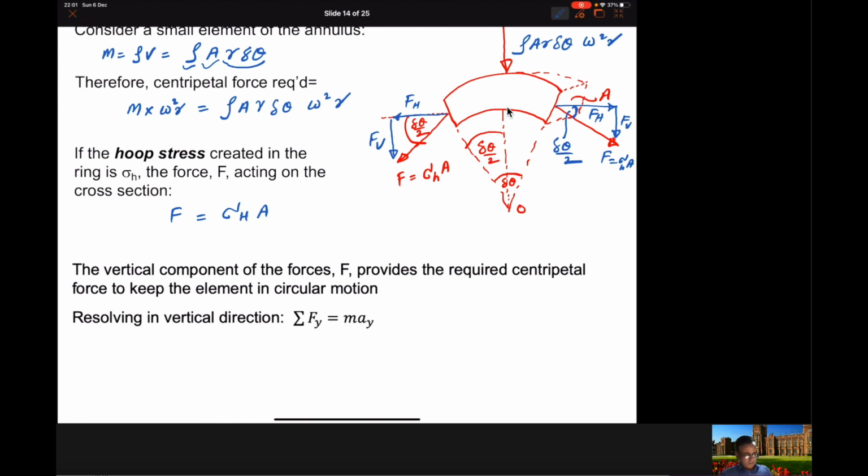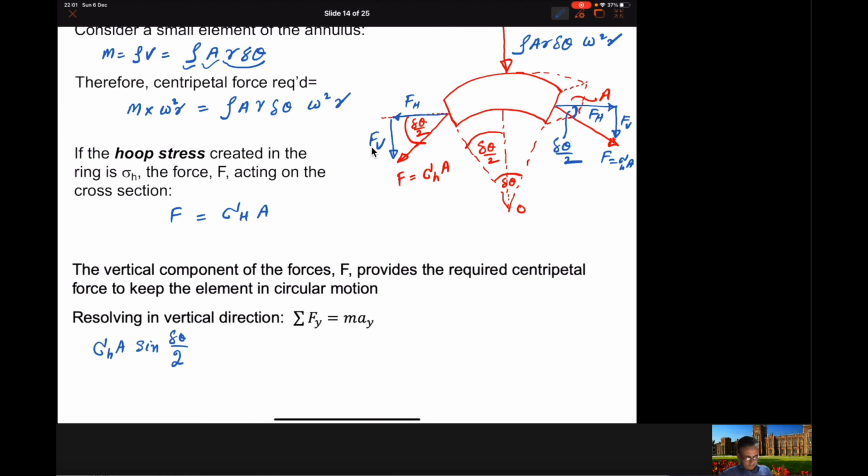So F v is sigma h times A, multiplied by the sine of delta theta divided by 2.